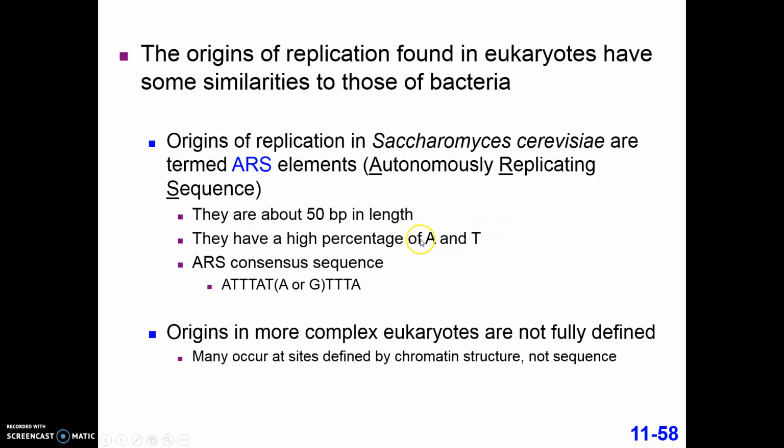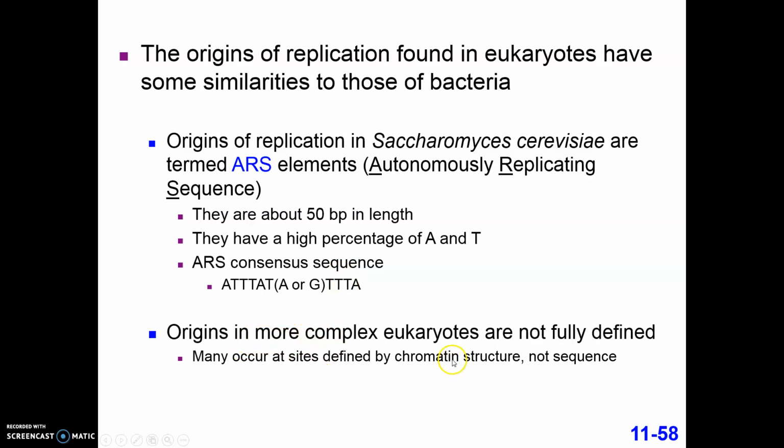So if you can bind a piece of DNA, wrap it around a protein complex, if you have an AT-rich region, you can cause a separation to occur. And again, if you look at these sequences, they have some similarity in a general sense to the sequences we see in bacteria.